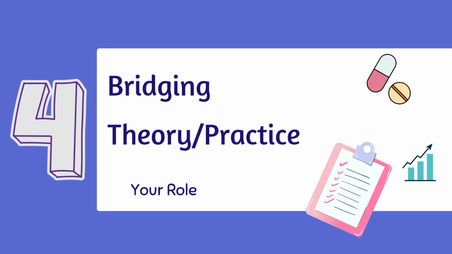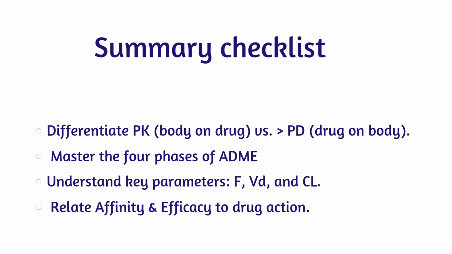Okay, final section. Let's land the plane here. How does all this theory actually translate into what you are going to be doing every single day as a clinical pharmacist? Here's the mental checklist you should be running through. First, always know the difference. Is this a PK issue or a PD issue?